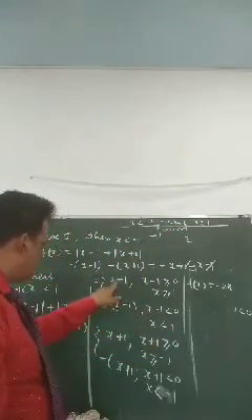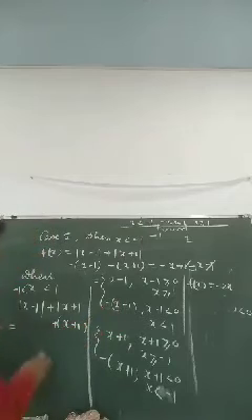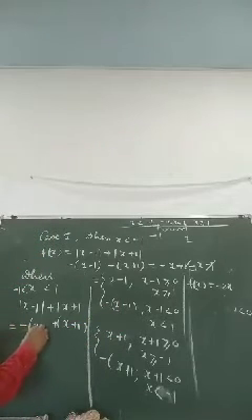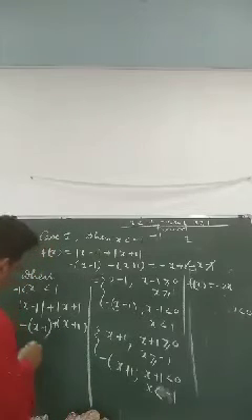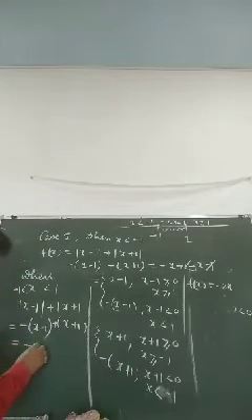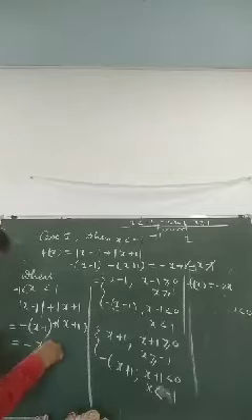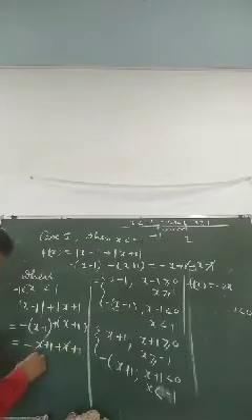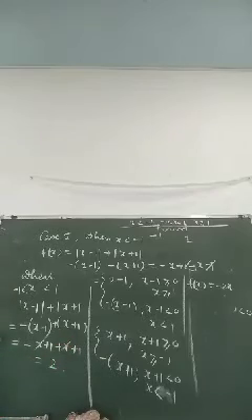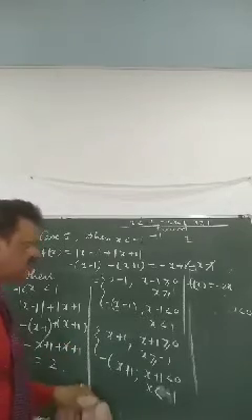The negative part is minus of x minus 1. Open the bracket. Minus x plus 1 plus x plus 1. So that is 2. 2 you got. Now third part.